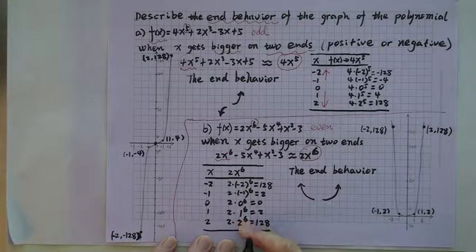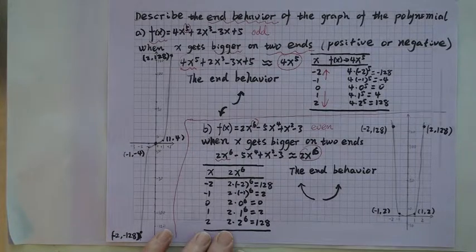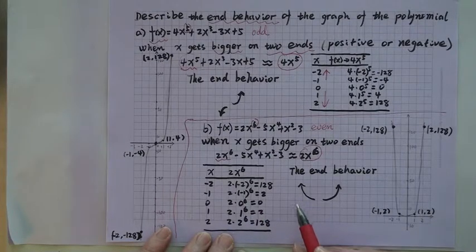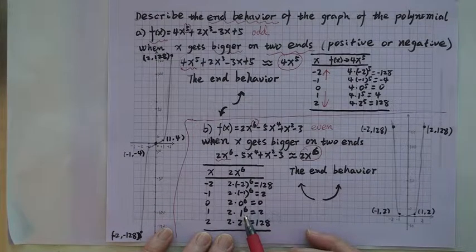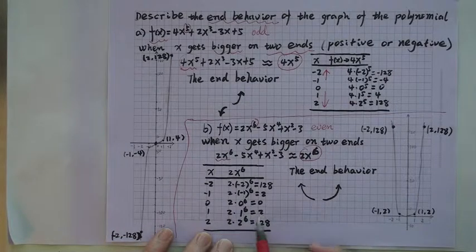For the positive numbers 1, 2, they are relatively easier. So 1 to the 6th is still 1 times 2, which is 2, because again 1 to the 6th is 1 times 1 times 1, 6 times. So you still have a 1, and then times 2.